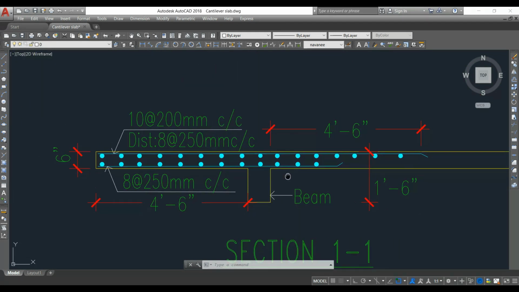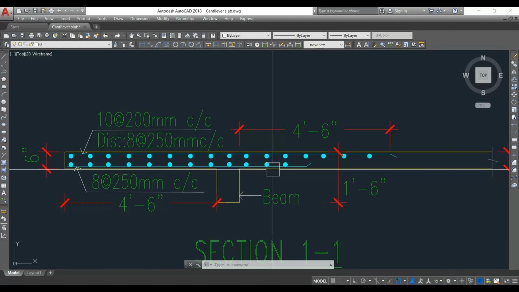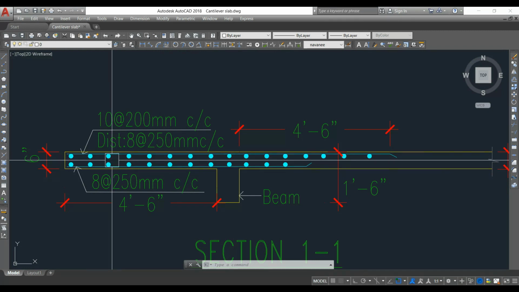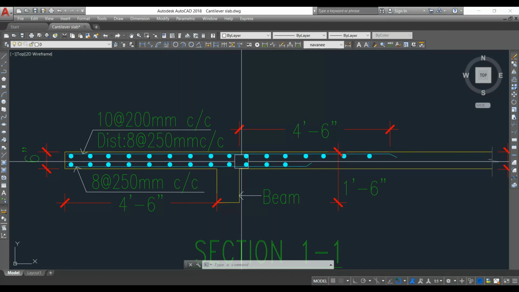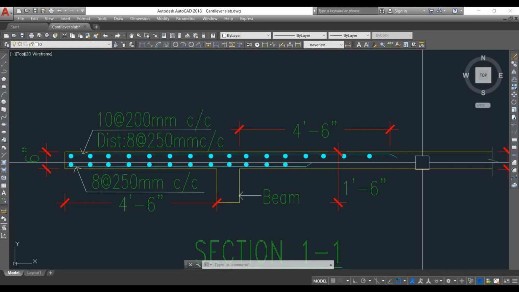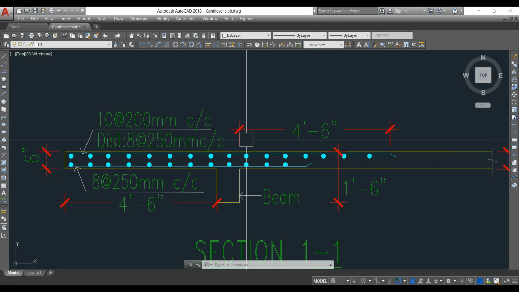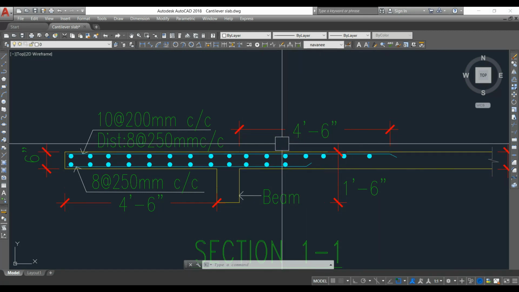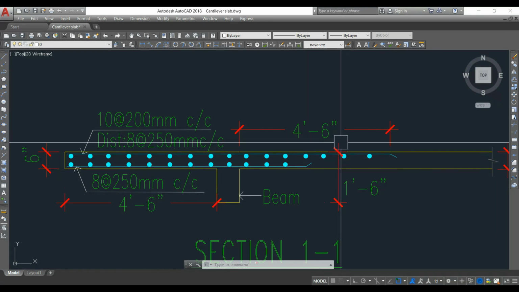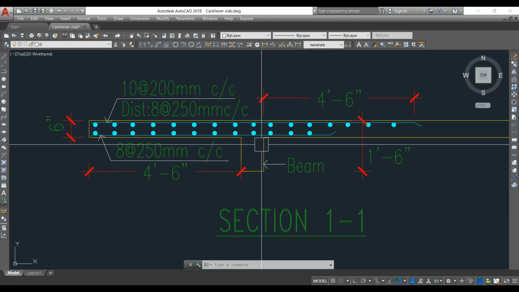So this is the beam, and since we have the back support, we need to provide the back anchorage for this cantilever slab. So we can extend this bar inside this backside slab. This distance we can keep up to one time the length of the cantilever slab, and this is the supporting beam.